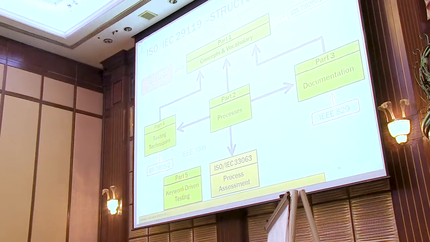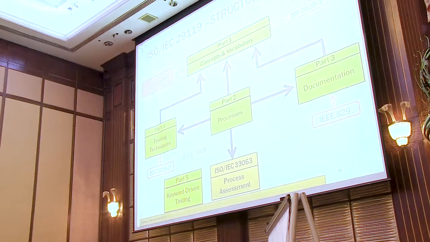Part 1, we brought in some other ISO standards. This is the systems engineering standard, how you write requirements. This is the software standard. Looks like something got cut off there. I think this is a BSI standard. But these standards have to be reflected into 29119, meaning there's synergy.